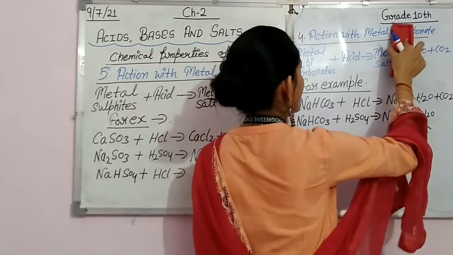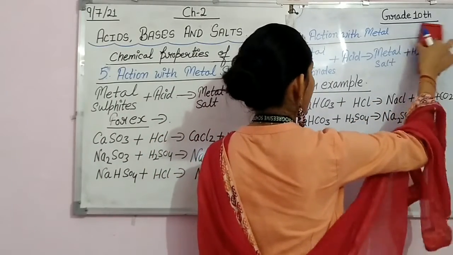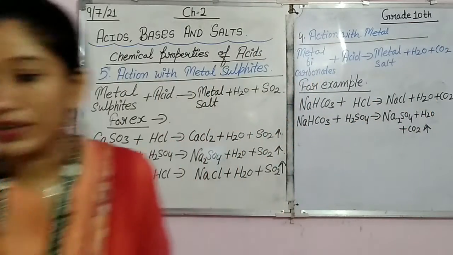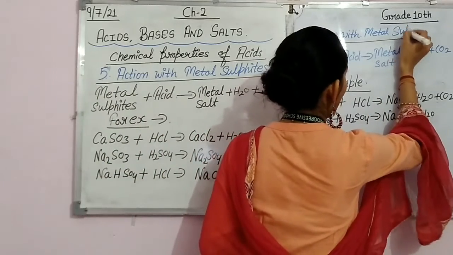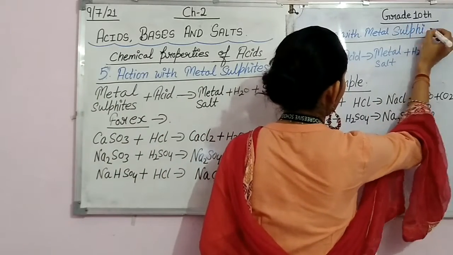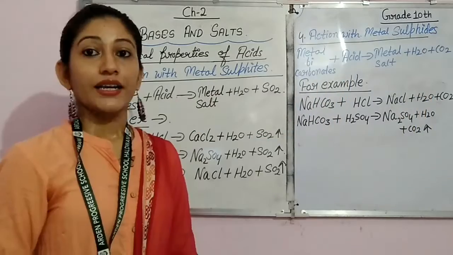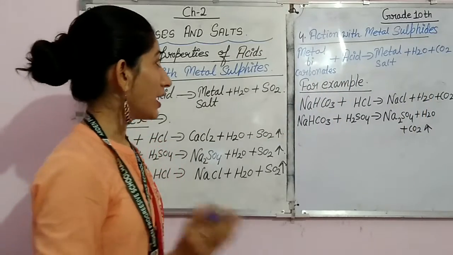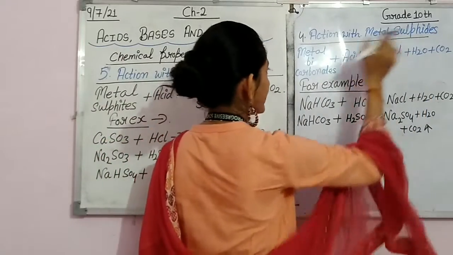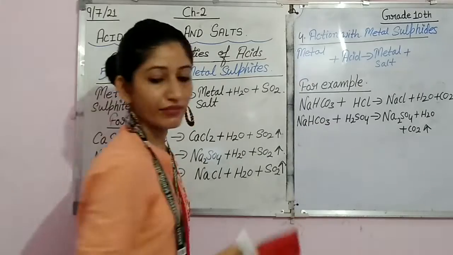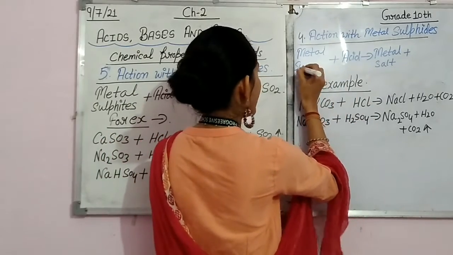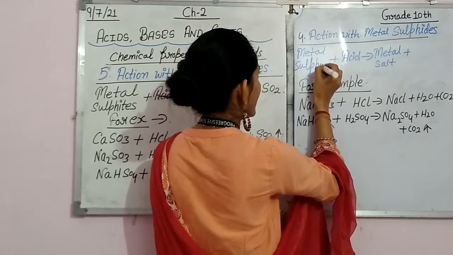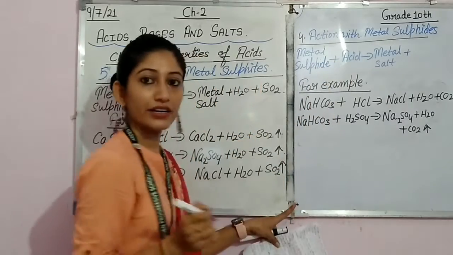So action with metal sulfides. Let's see the action with metal sulfides. Now, when we are talking about the action with metal sulfides, then what will we take? We will take metal sulfide as a reactant, and then we have to react it with acid.